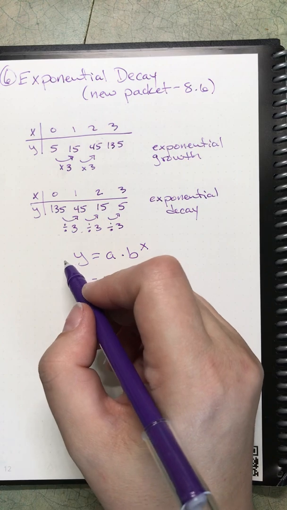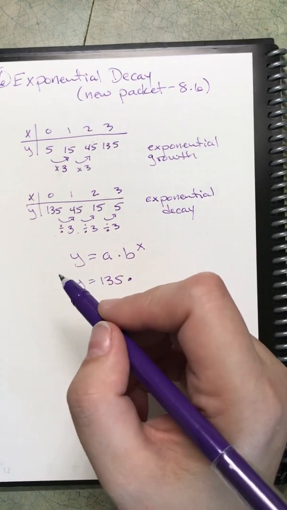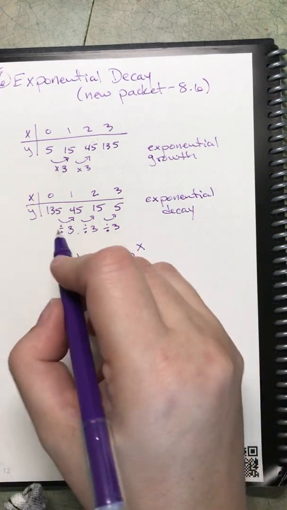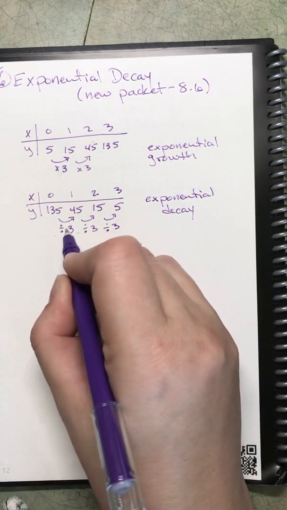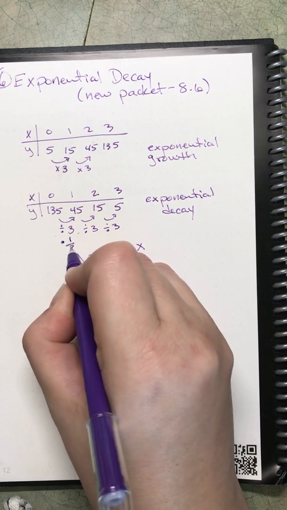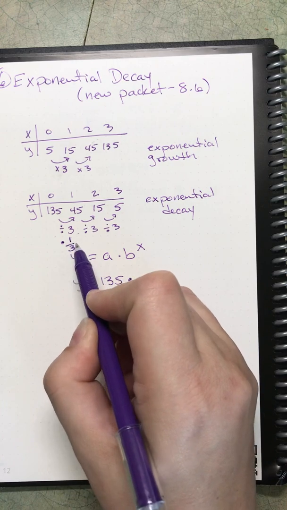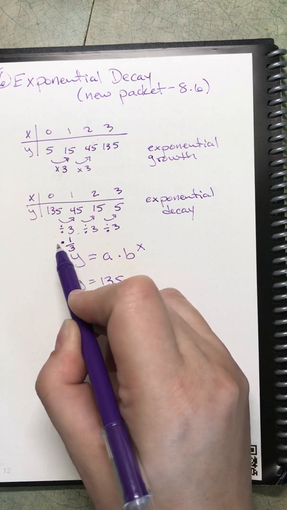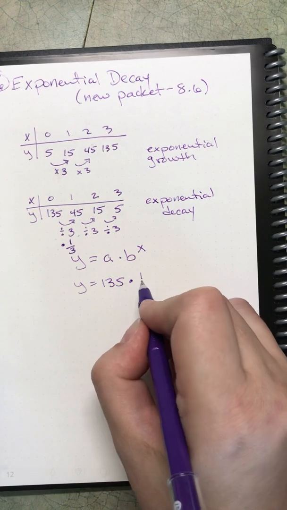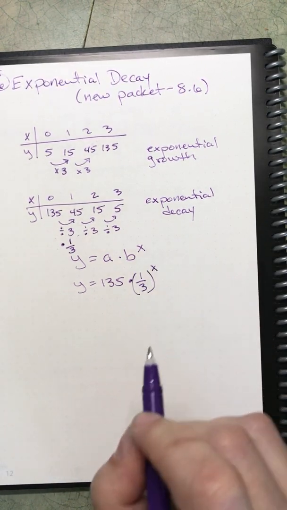And so, sorry. So instead of writing this as divided by 3, I'm going to write this as multiplying by 1/3. Because here I have that division in the form of a fraction instead of in this operation here. So times 1/3 to the x power.